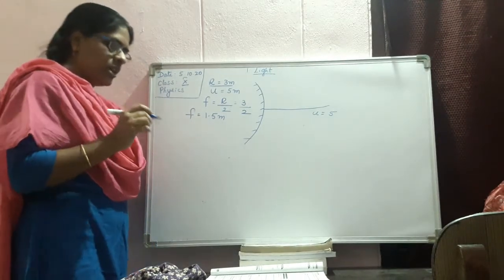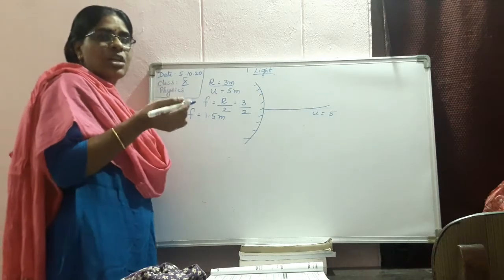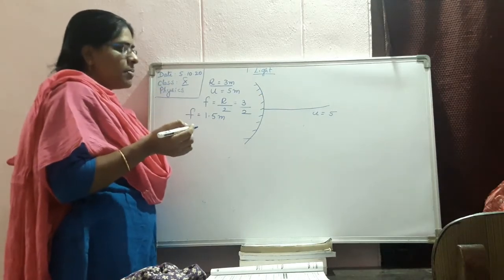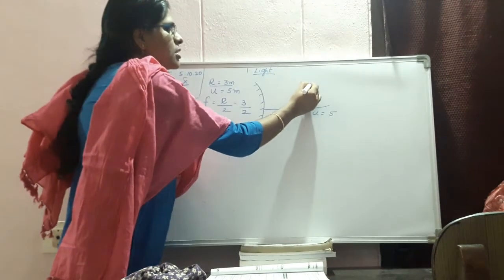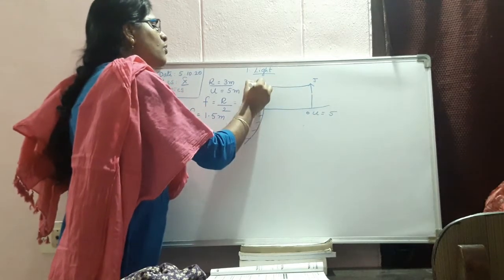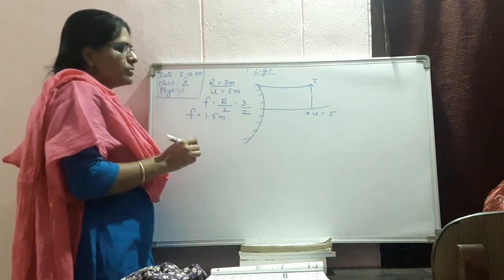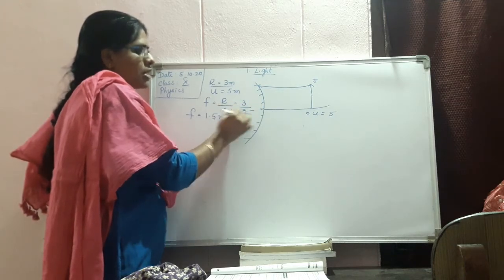Now he is asking you to find the position and nature of the image. My object is at a distance of 5 meters. The rays are falling on the mirror. Somewhere you will be getting the focus.